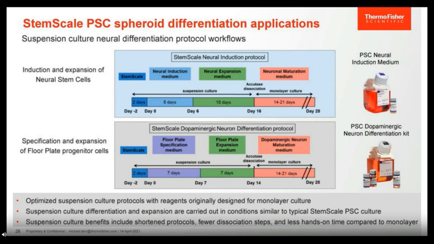Going down to the second schematic, the dopaminergic neuron differentiation protocol is very similar to the initial neural induction protocol. The specification and expansion steps are also done in suspension culture, followed by maturation in monolayer. This strategy takes advantage of the suspension culture environment and results in increased yields of NSCs and progenitor cells from these particular protocols.